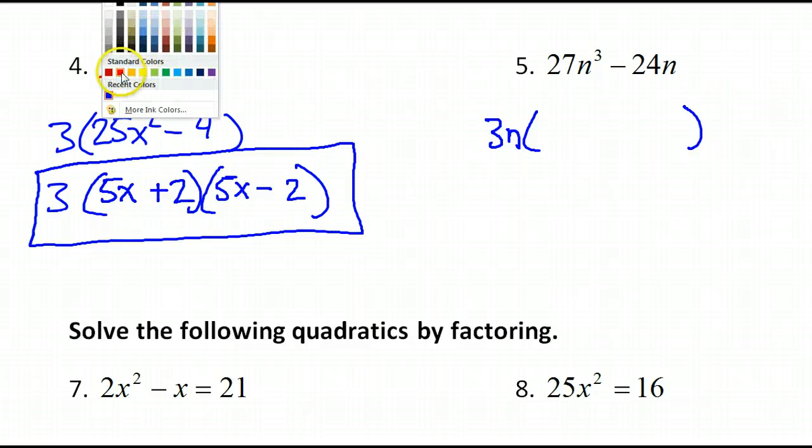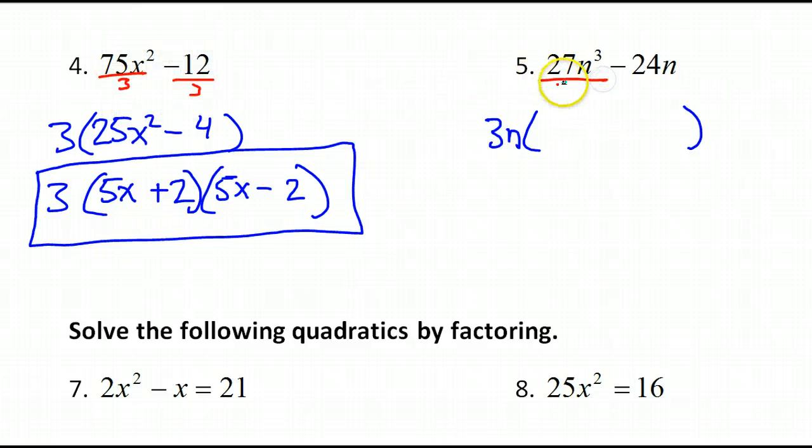And just to be super clear, I will go ahead and show myself dividing by 3n, because this is what you really do. 27 divided by 3 is 9. n to the third power divided by n is n squared. 24 divided by 3 is 8. And these n's cancel out, so it's just 8.